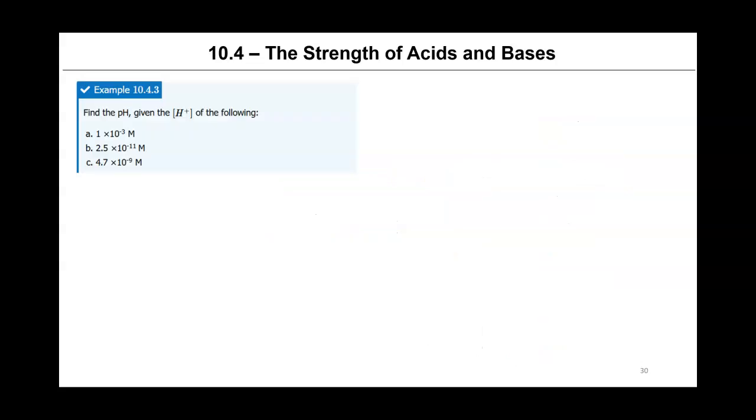So how does one calculate a pH? Well, it's pretty easy. What you're going to put into your calculator is just the negative log of the number, and that will return the pH. Now, that's pretty easy, but you might have to look up where the log button is on your calculator.